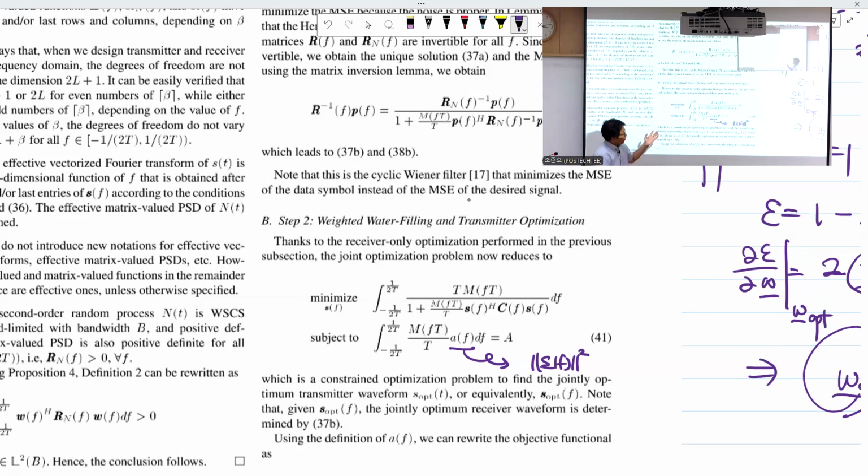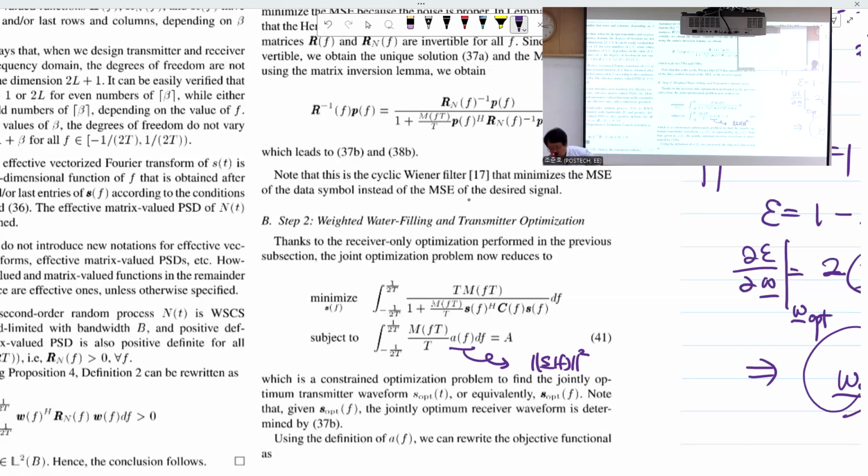And due to the assumption of band limitedness of our entire signal and processes, depending on this bandwidth and whether it is integer multiple of 1 over 2T or not, in many cases, these vectors and matrices are of varying size, depending on F. Sometimes it's 1 by 1. Sometimes it's 2 by 1, something like that.